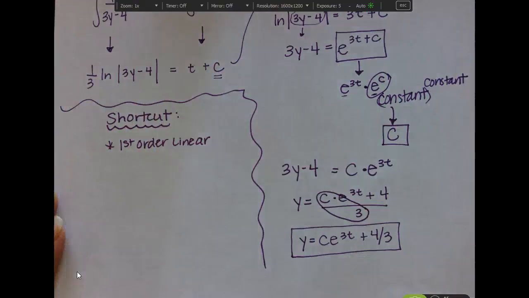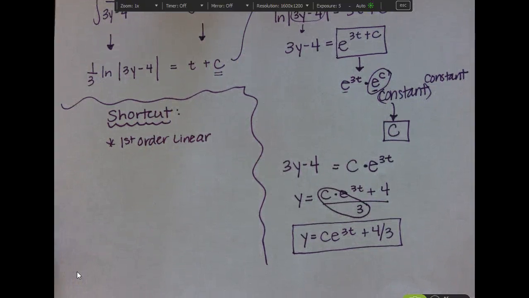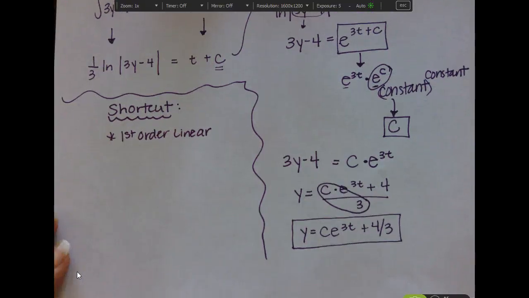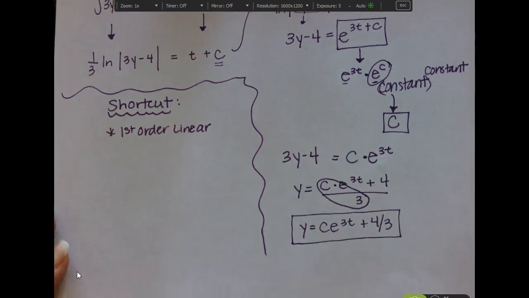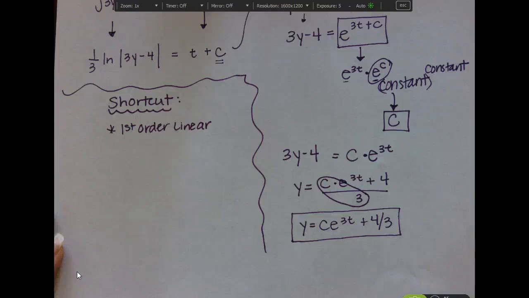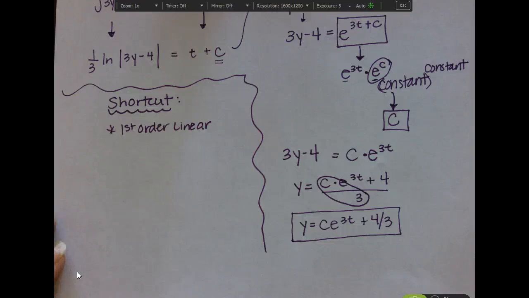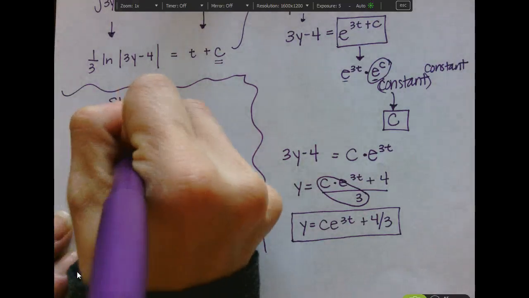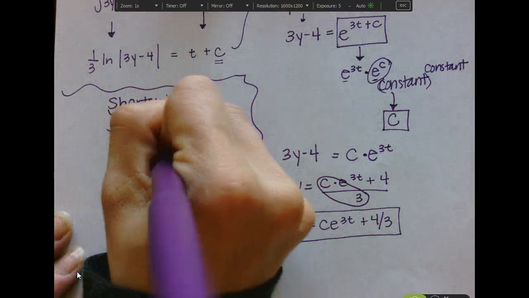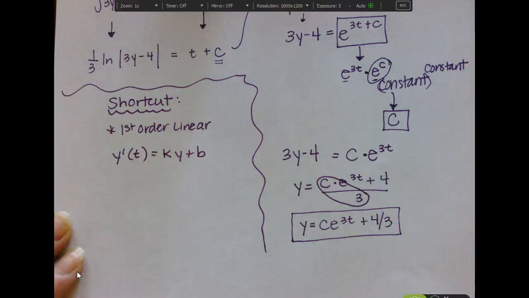So sometimes we will deal with things that are first order quadratic, and so we will have to use some other method, which is the method that I just showed. Alright, so the shortcut, and again this was given in the PowerPoint, but the shortcut is if I have a first order linear equation written in this form.